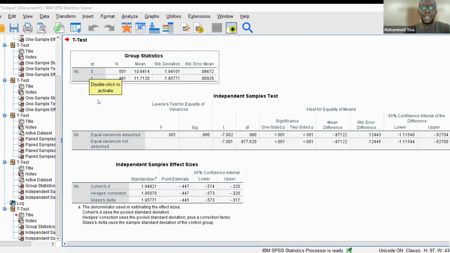So group 1 has a higher average than group 0. If you look at the mean here, the mean hemoglobin for those who were treated is 11.7, and the mean for those who were not treated is 10.8. So if you subtract 11.7 from 10.8, it gives you a negative value.